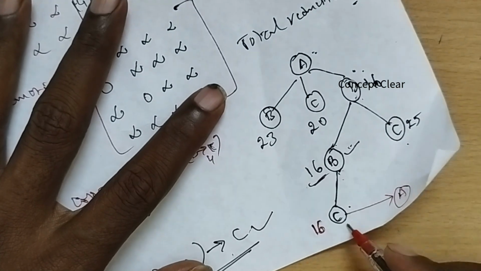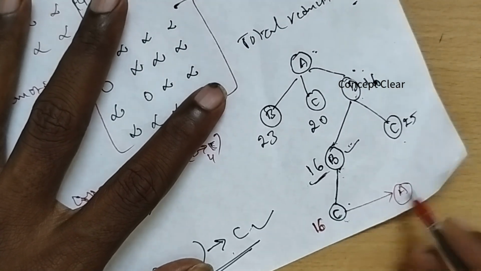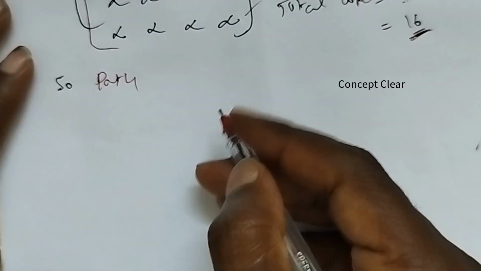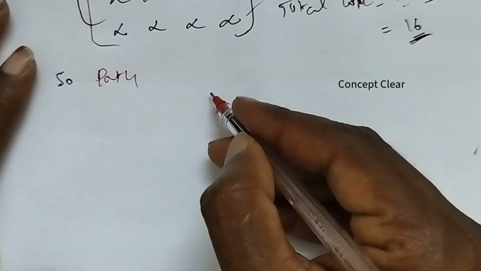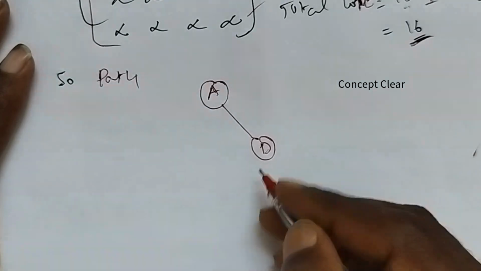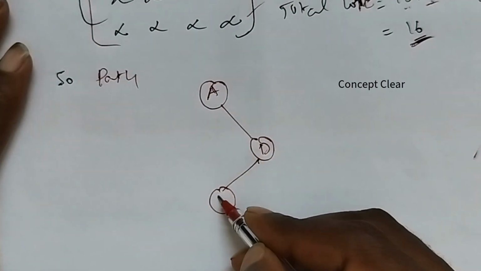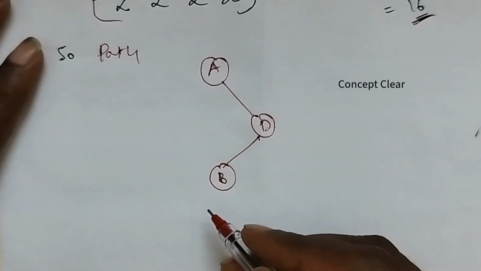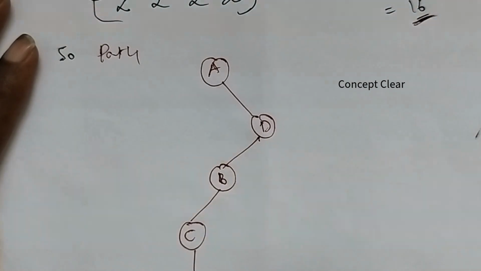Here we have to travel to A, but we won't draw the diagram for C to A; we'll write it directly. So the path is A to B, D to B, B to C, and again we have to reach A.